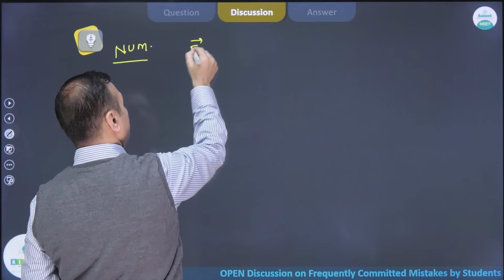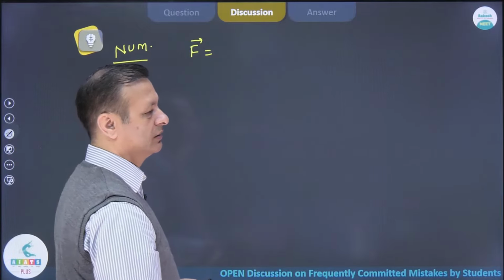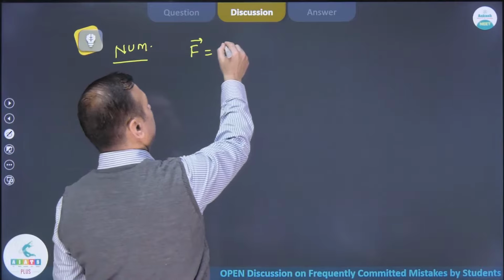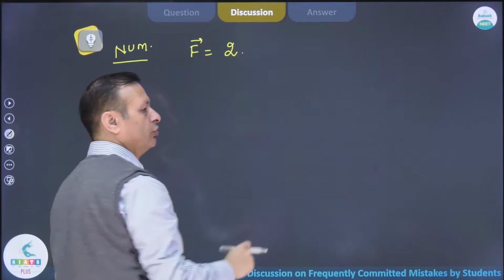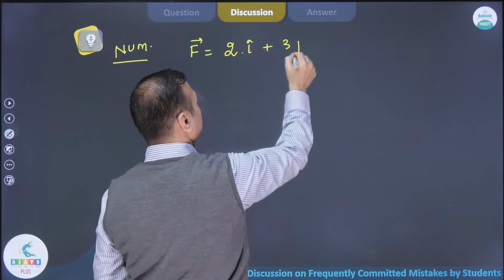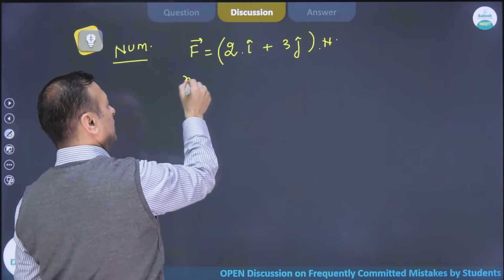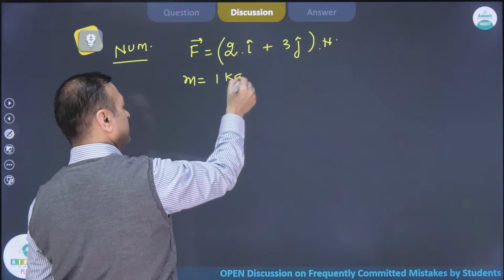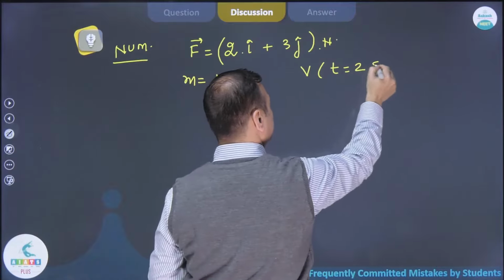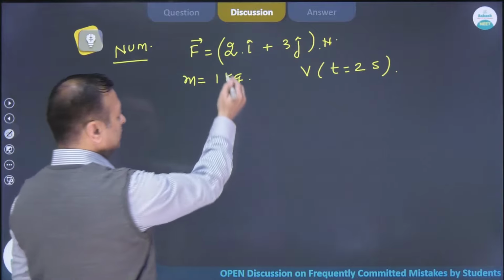If F is equal to 2 i cap plus 3 j cap Newton, and the mass of the body is 1 kg, now if I have to find out the velocity at the end of, let's suppose, 2 seconds. Got it? Now look at this.